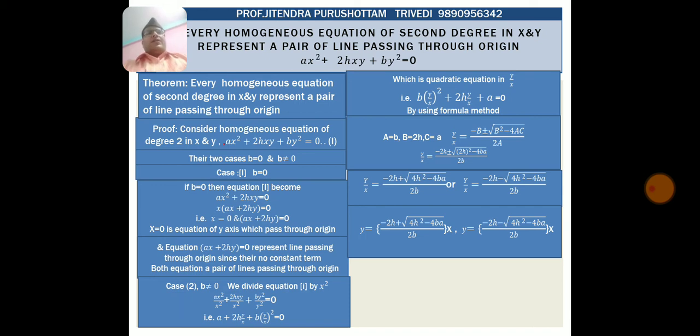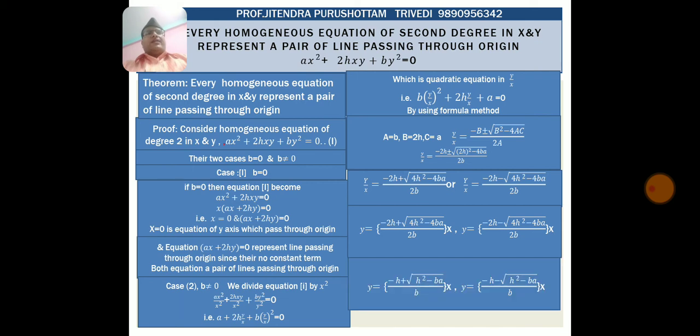Here both equations have 2 in the numerator, and in the square root 4 is taken as common, which also becomes 2. So the 2 in the numerator and the 2 in the denominator get cancelled. We get the new equations y = ((−h + √(h² − ab))/b)x, and y = ((−h − √(h² − ab))/b)x.